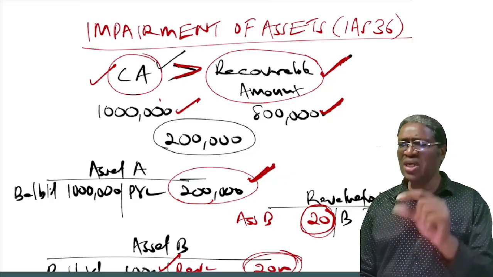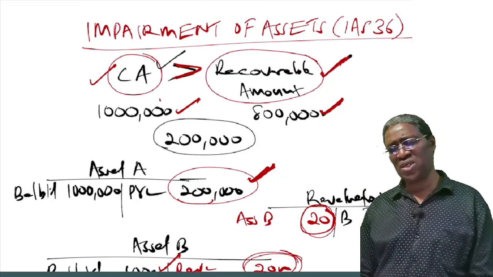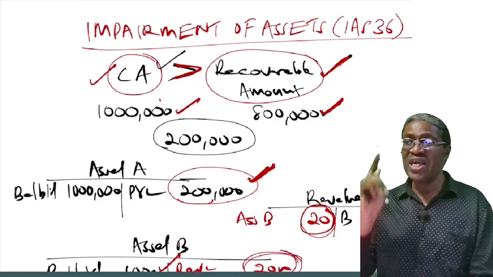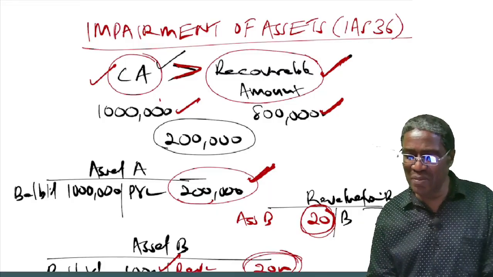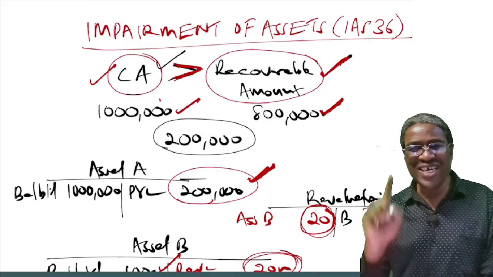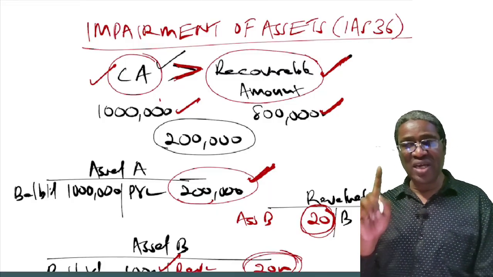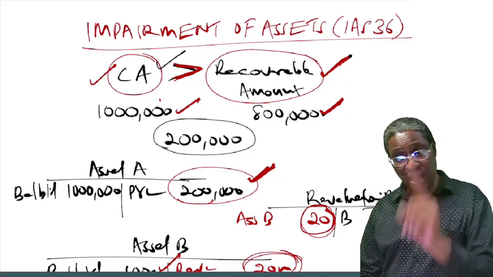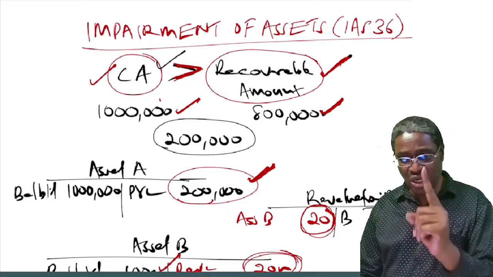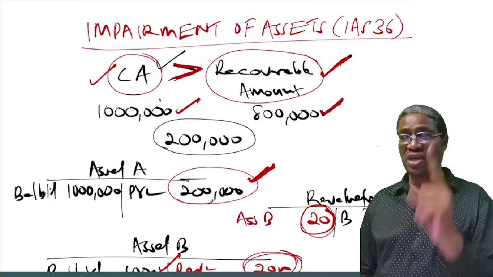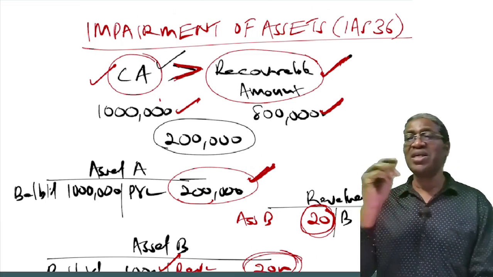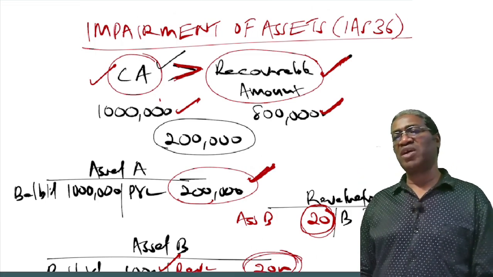And we said an asset is said to have suffered an impairment loss if the carrying amount of the asset is higher than its recoverable amount. That is the only condition under which an asset suffers an impairment loss.